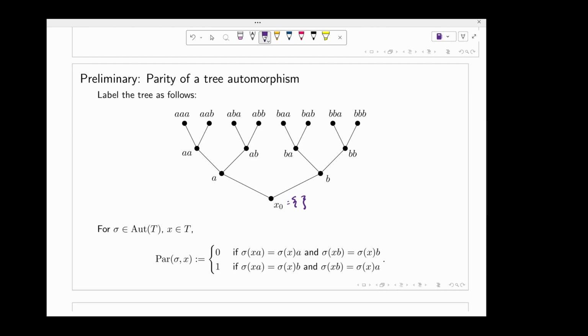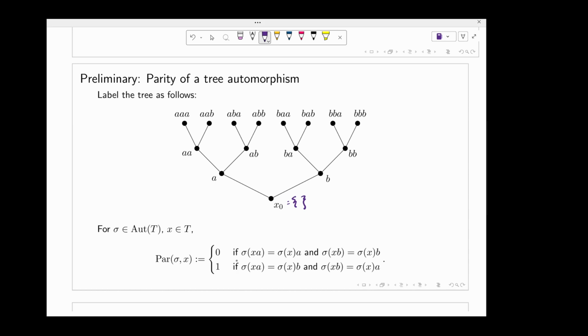And now we can define the parity of a tree automorphism above some node X in our tree by saying that the parity of sigma over X is 0 if sigma of XA is sigma of X followed by A. Notice because we have a tree automorphism, sigma of XA has to map to either sigma of XA or sigma of XB, and same thing for sigma of XB.